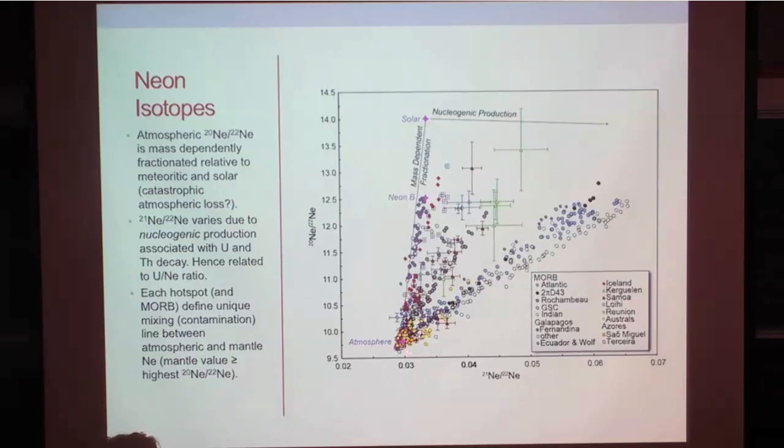We see some Galapagos samples, also Iceland, with much higher neon-uranium ratios, or lower uranium-neon ratios, much less degassed. They also extrapolate way up here, at least as high as meteoritic. The neon in the Earth's interior somehow avoided the extreme mass fractionation that the atmosphere suffered. That's interesting in and of itself. So this is some sort of primitive neon, is the point.